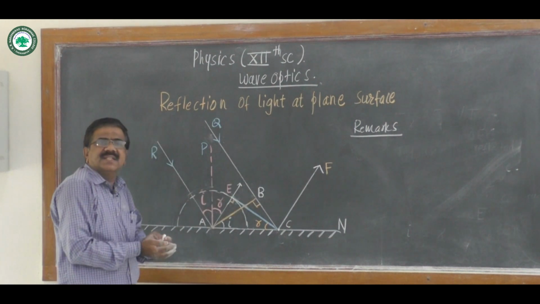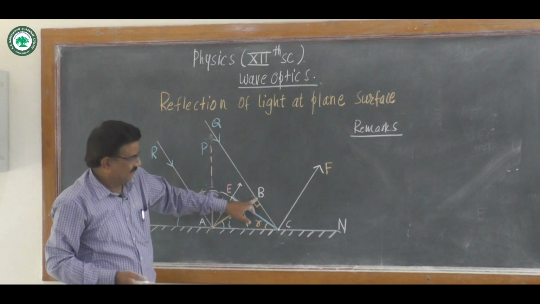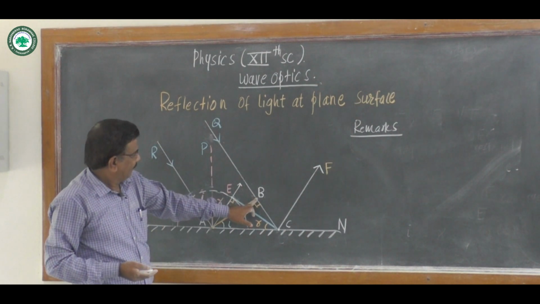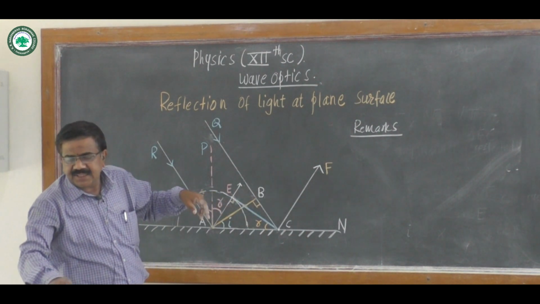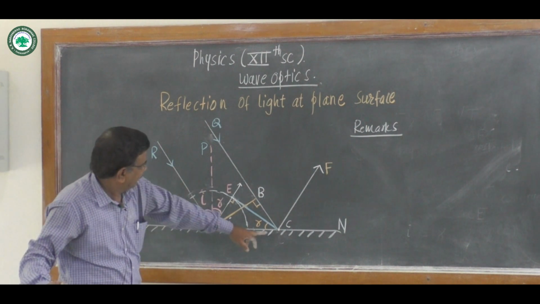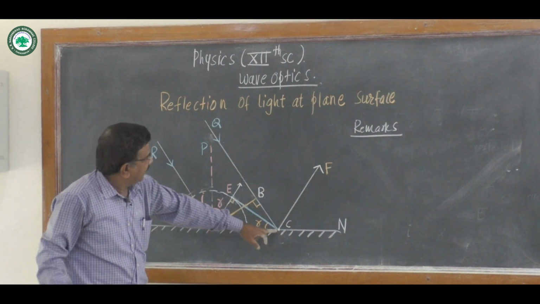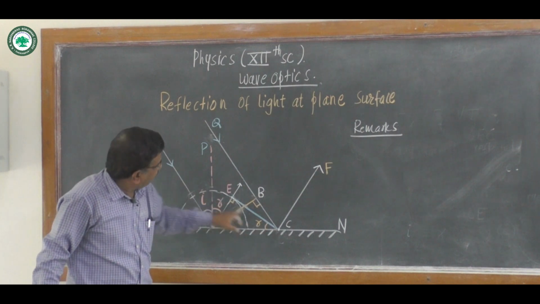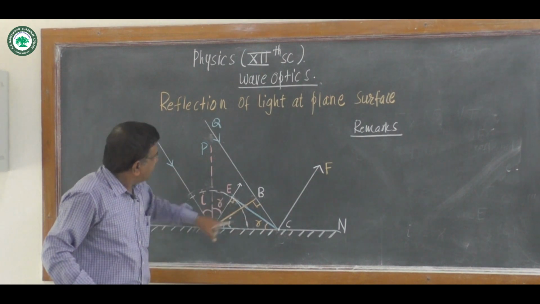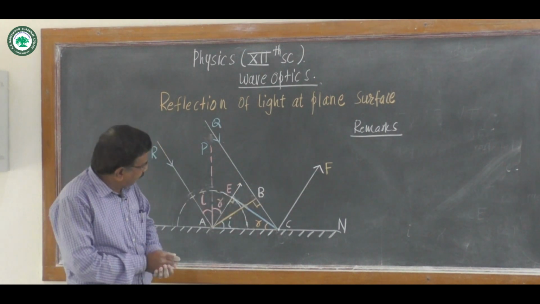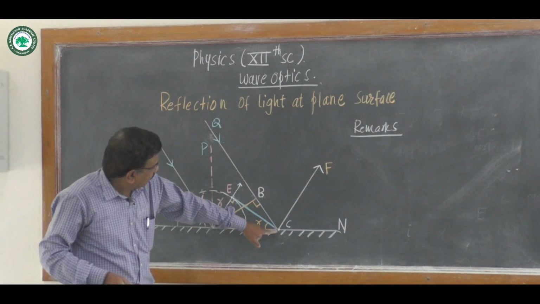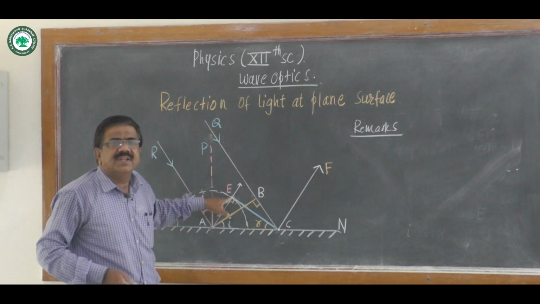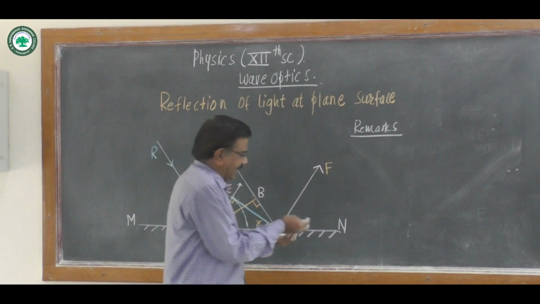AB is the incident plane wavefront. CE is a reflected plane wavefront, because it is in between the reflected rays. The width of the incident plane wavefront is equal to the width of the reflected plane wavefront.